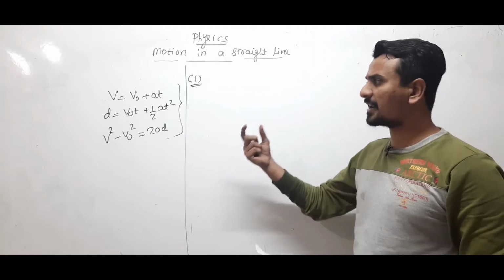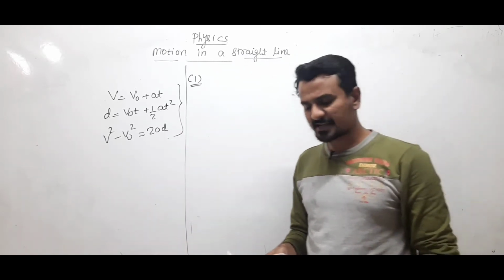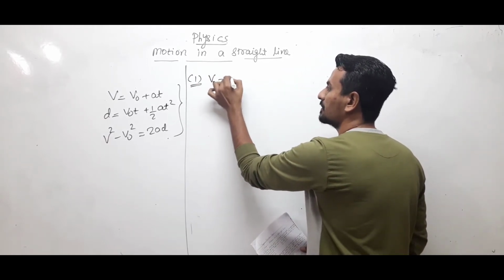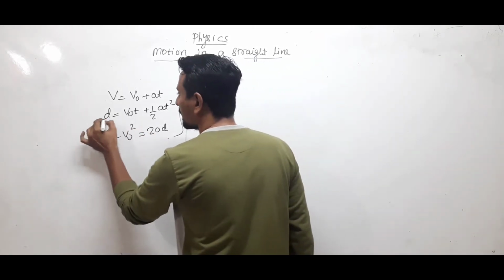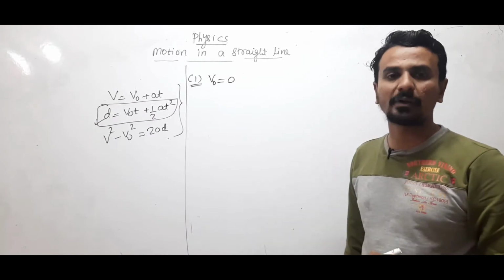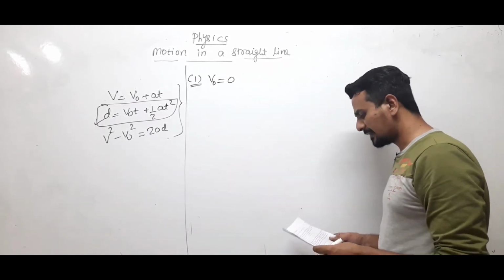So you will get an idea of which formula is to be used, right? Car starts from rest. That means initial velocity is 0. And yes, I explained to you about this formula. This is to be used for 0 to t seconds, and this is not for t1 to t2 seconds, right? Okay.